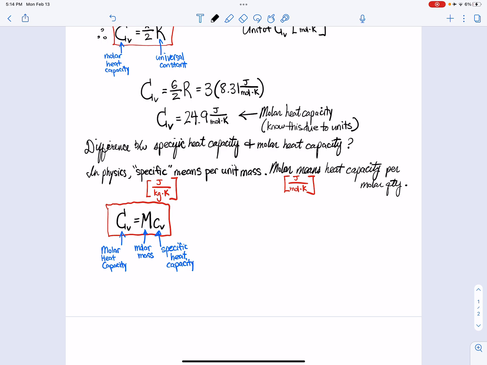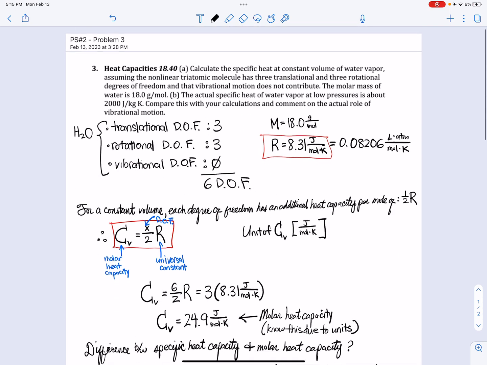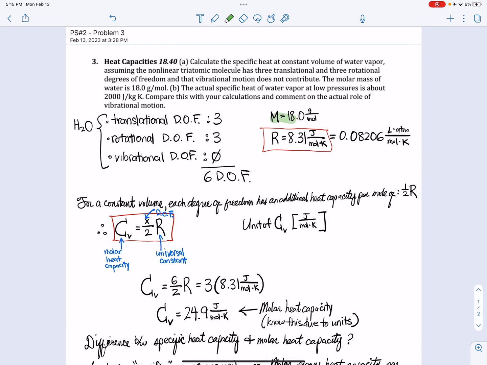So using this equation, my molar heat capacity, capital C, I calculated to be 24.9 joules per mole times Kelvin. My capital M, molar mass, was given up here in grams per mole, so I'll convert that to kilograms per mole.